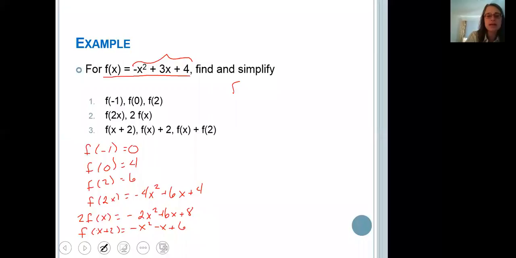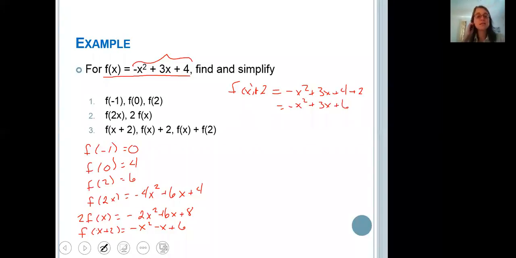So we've got f of x plus 2 equals f of x, which is negative x squared plus 3x plus 4. That part's f of x. And now add 2 to it. And we get negative x squared plus 3x plus 6.